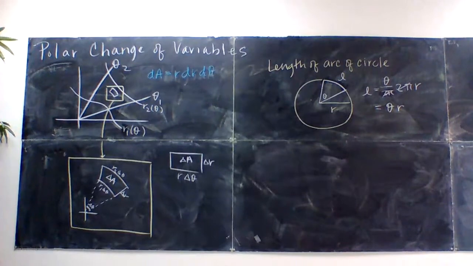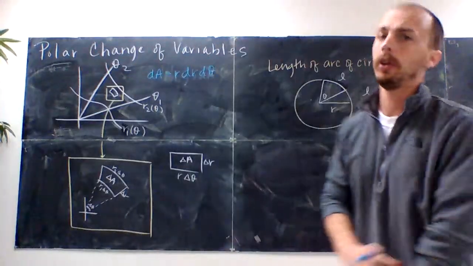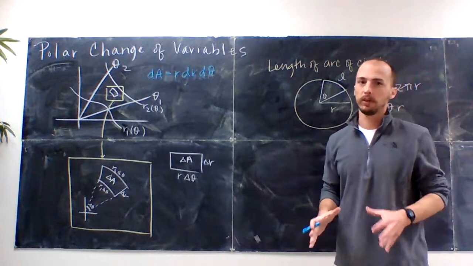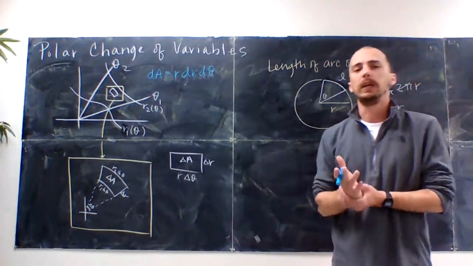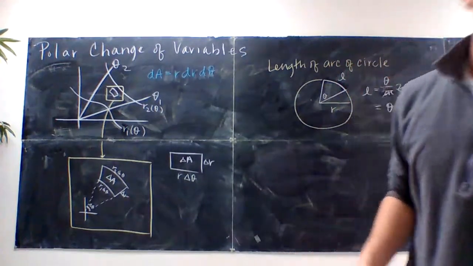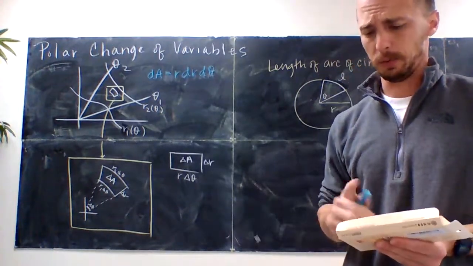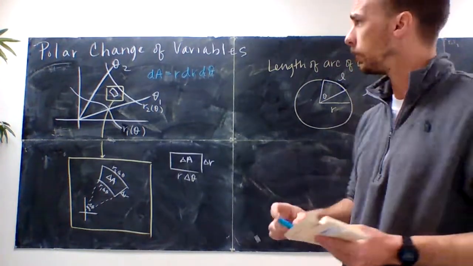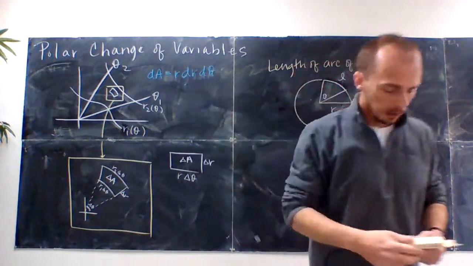Now I'm going to draw you a picture of a theta simple and an r simple region, but I'll tell you the vast majority of the time we're going to be looking at r simple regions, just because the likelihood of you getting a polar curve written as theta of r is very rare. So almost always the order of integration will be dr and then d theta, but not always.